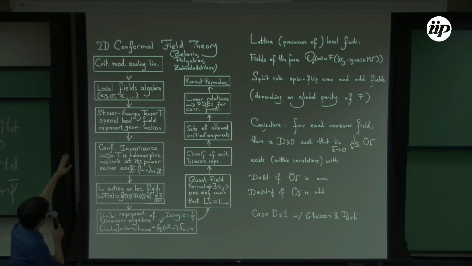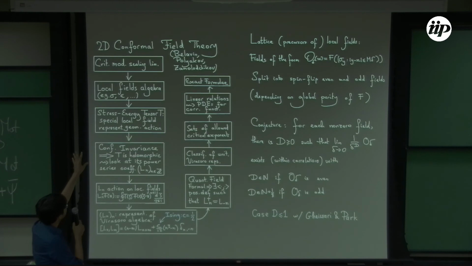So the question, you can start by asking, if you're a mathematician, how do you really go from a lattice model to conformal field theory? First, what is conformal field theory as a mathematical object? Well, some people have algebraic definitions which are not necessarily super useful to understand lattice models.